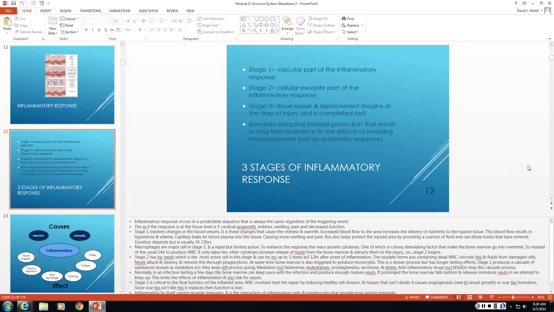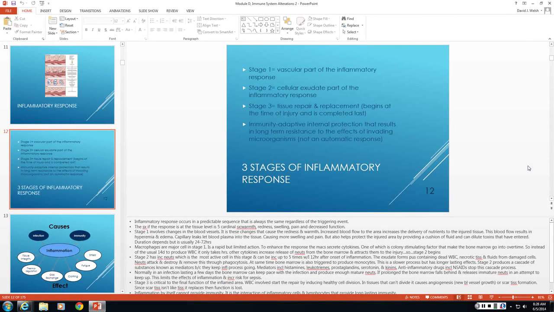They have a rapid but limited action. So to enhance the response, the macrophages secrete cytokines. Now one of these is a colony stimulating factor that makes the bone marrow go into overtime.